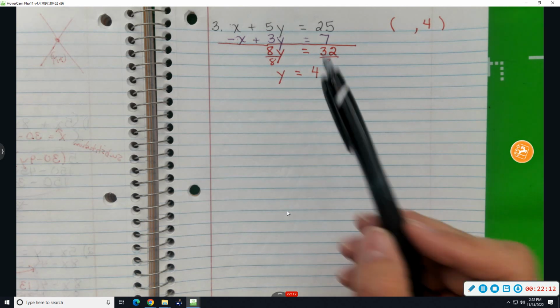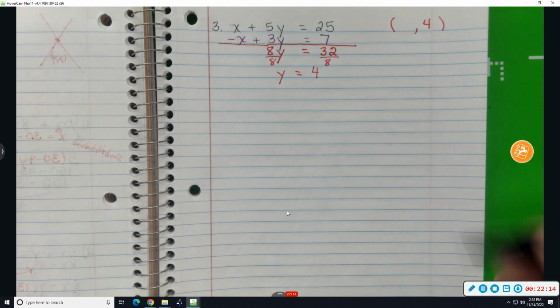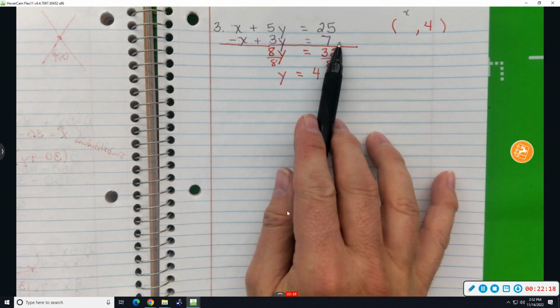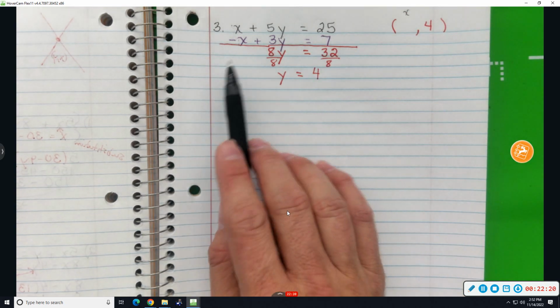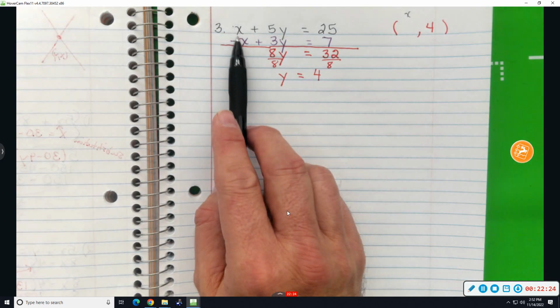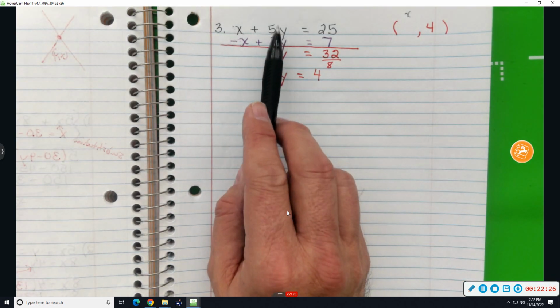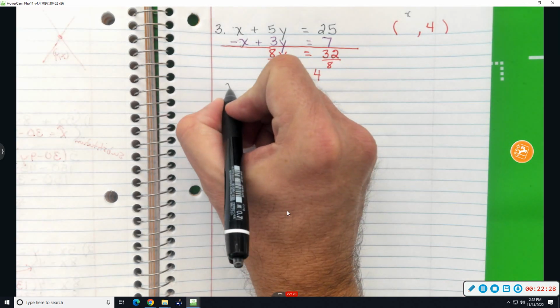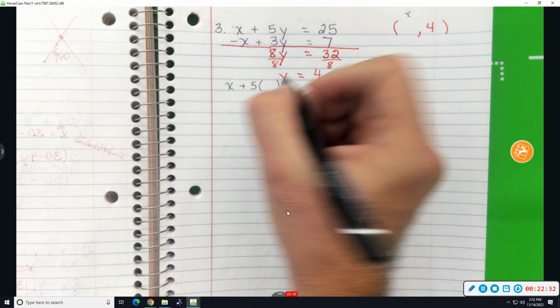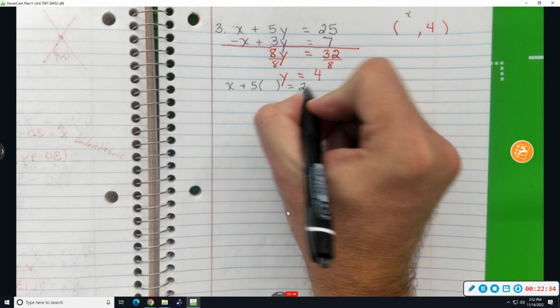So to find the x value, plug into either one of these. I generally go with the one that has the fewest negative signs. I think I'm going to plug in right here in the first equation. x plus 5y equals 25.